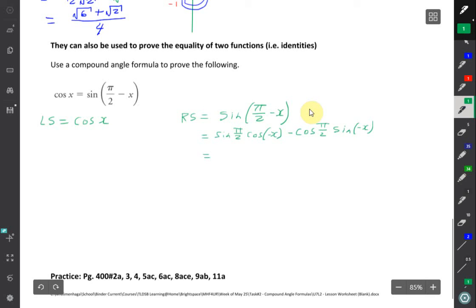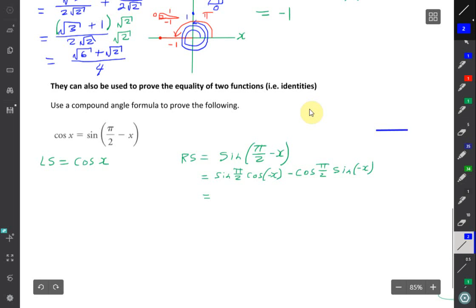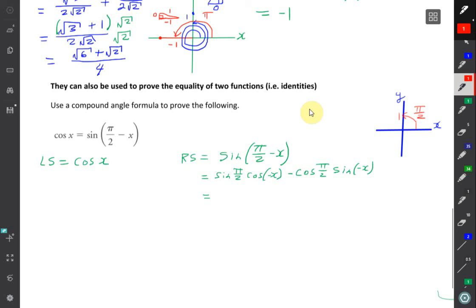Now the sine of pi over 2, once again we can draw a diagram. Pi over 2 would be from here to there. This length is 1, and remember the opposite and the hypotenuse are both 1, and the adjacent is 0.